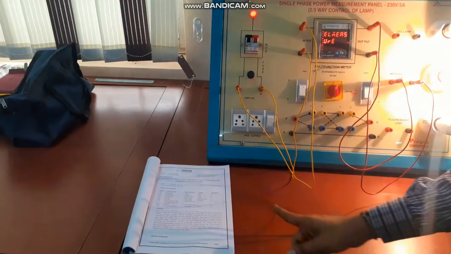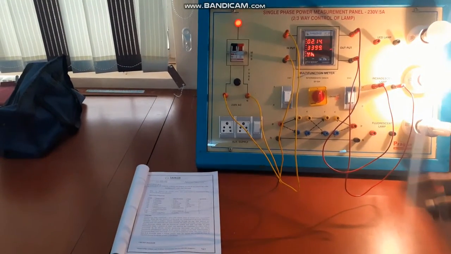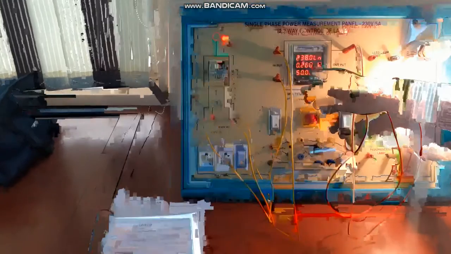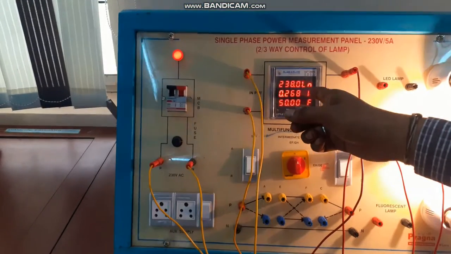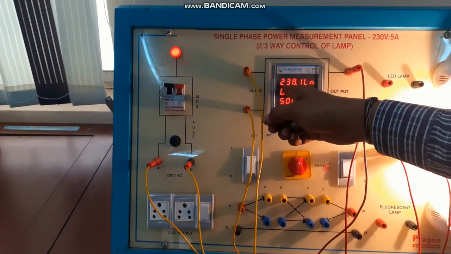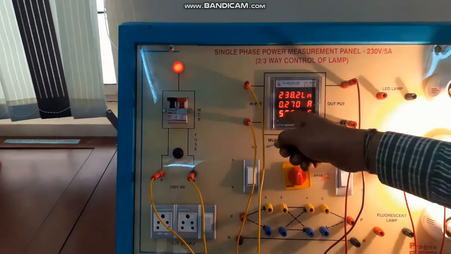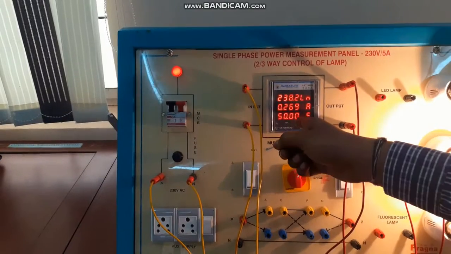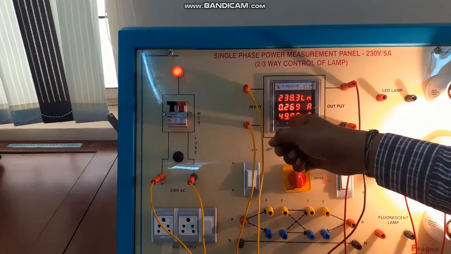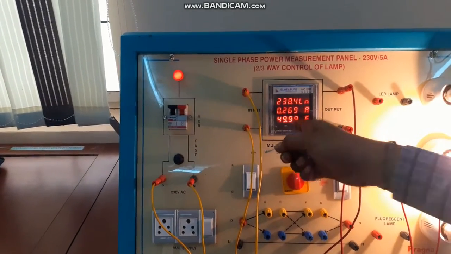If we switch on the supply to the multifunction meter, we read the phase to neutral voltage like 230 volts, current of 0.270 amperes, and phase angle phi of 49.99, almost 50 degrees.